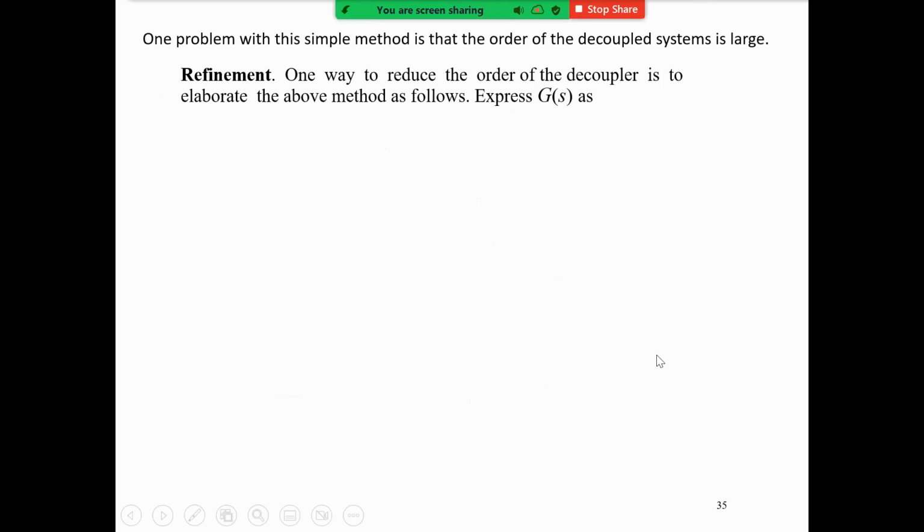One problem with this one is that the order of the decoupled system is large. So for the refinement, when you try to express those G, we don't use the least common denominator. We take the least common denominator row by row. In this way, we can also write out the G as a matrix times a matrix, where this is a diagonal matrix.